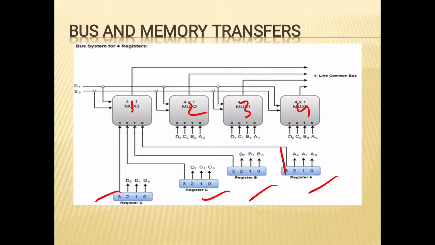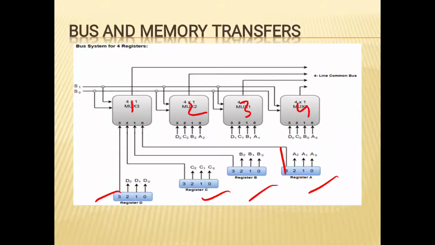You can see in this, whenever S1 and S0 is 0, 0, it means the 0 pin is activated, 0 for it. Similarly, if S1 and S0 select 1, 1 data, it means 3. So the third pin of this register, the third pin of this multiplexer. What it means?